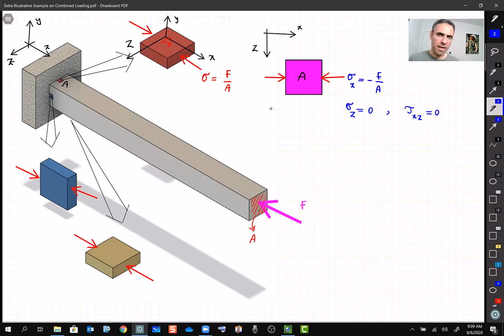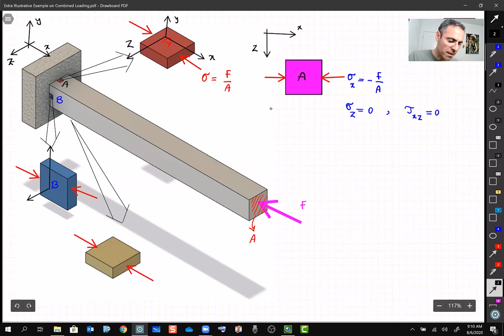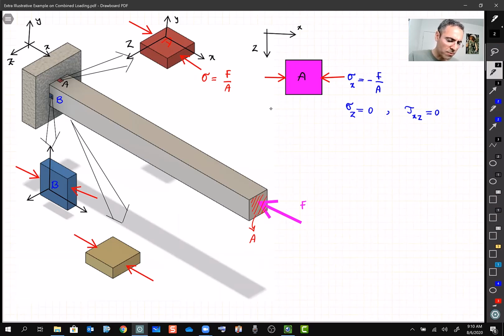So let's do the same things for point B, like this point. So point B, if I put my coordinate there at the corner of these elements, it's going to be like that. And I said it's okay to move around those axes, but we are not allowed to change the orientation, X, Y, Z, after we decided on the original orientation, like the one that I drew at the top.